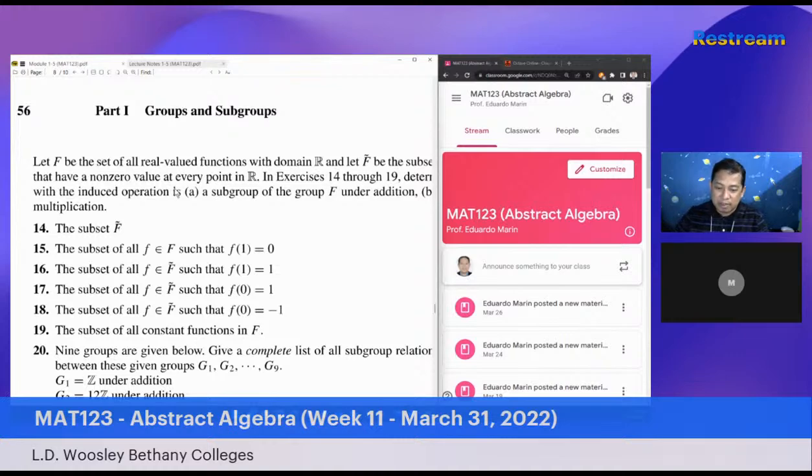Okay, Micaela, what can you say about number 15? Such that f of 1 is equal to 0.